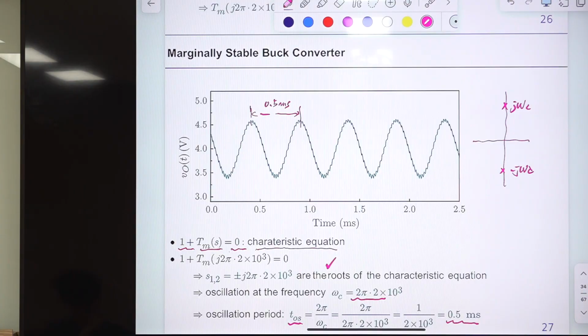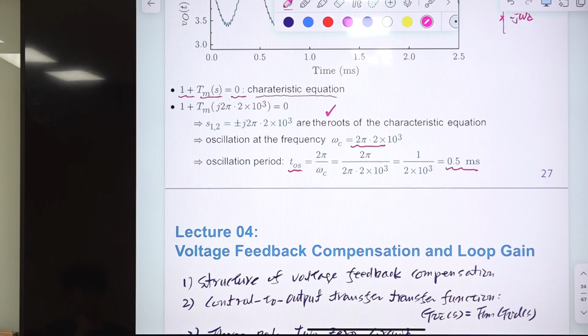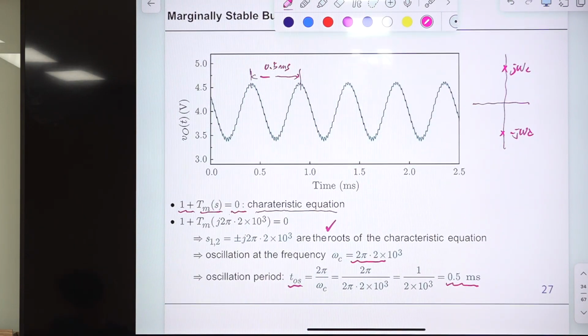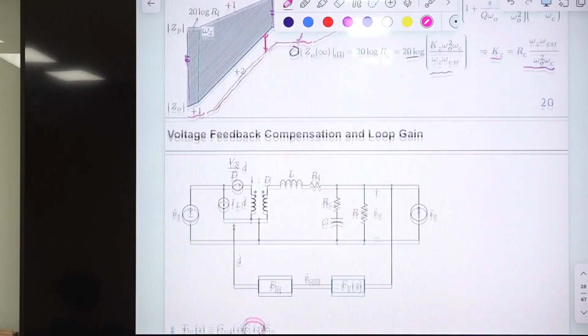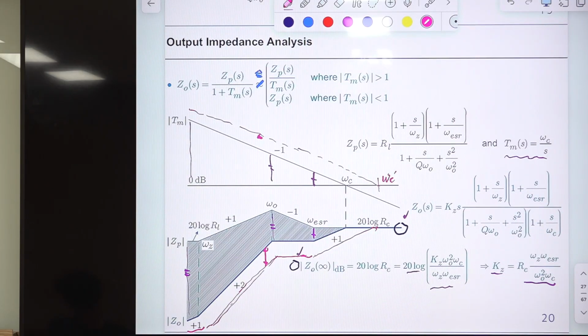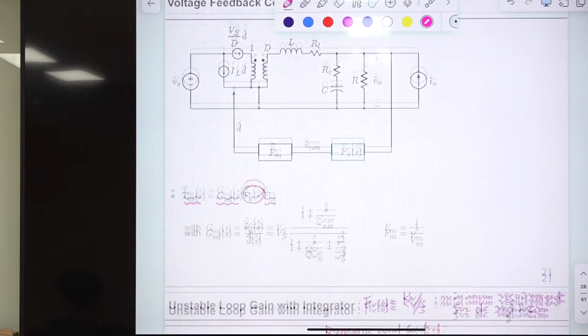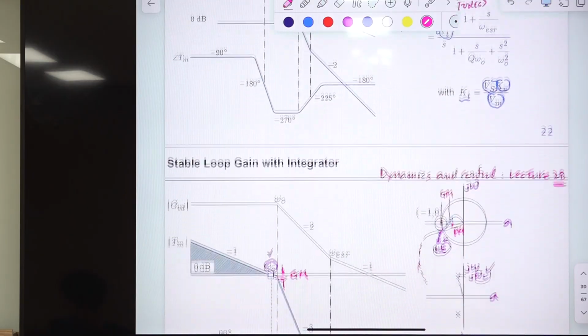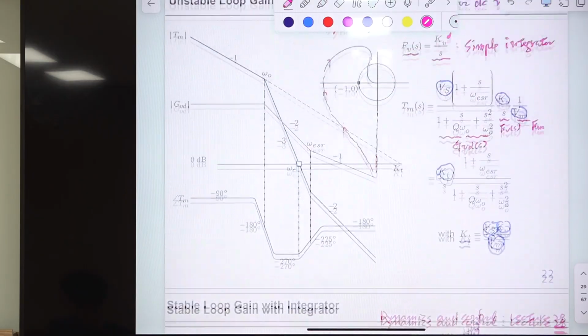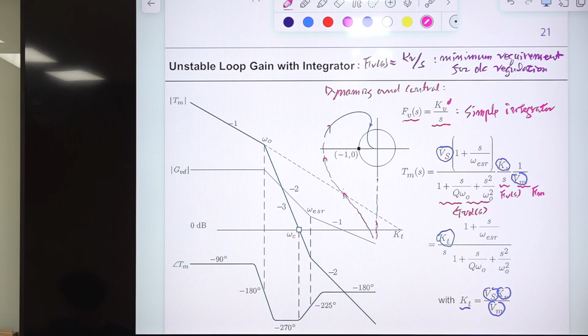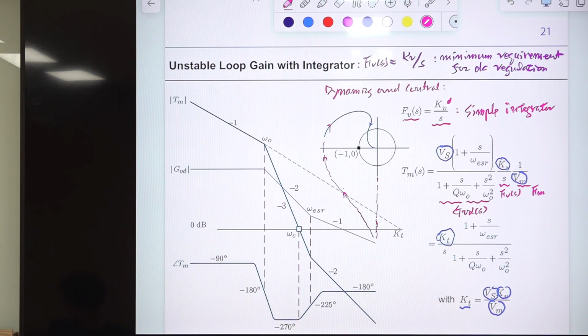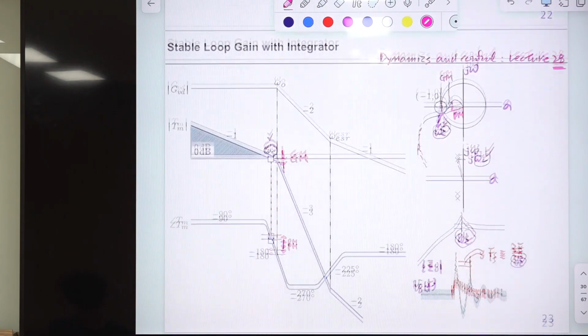So this is the end of lecture 3 of this lecture series. Basically, in this lecture we discussed asymptotic analysis, graphical analysis, the way of extracting the transfer function from the asymptotic plot, and the problem of simple integration as a feedback compensation circuit.